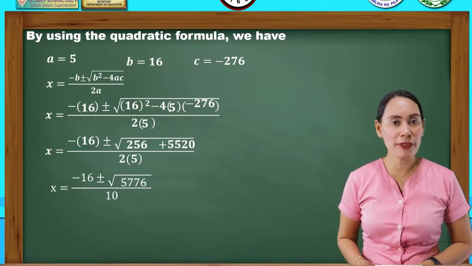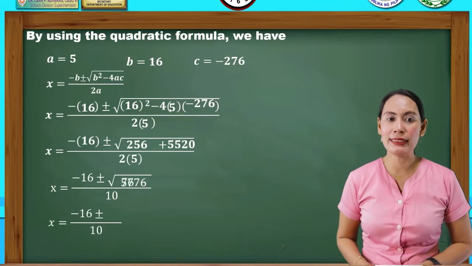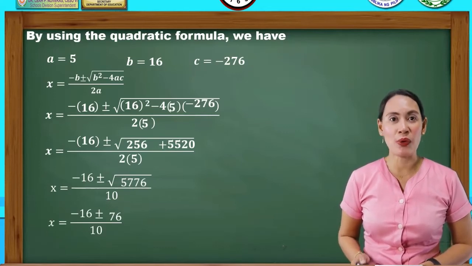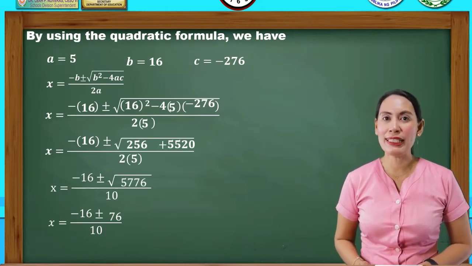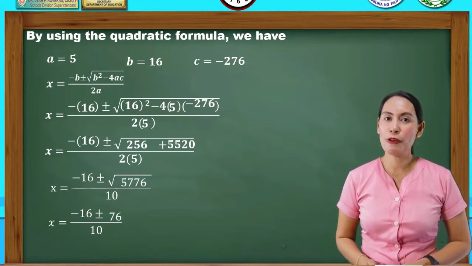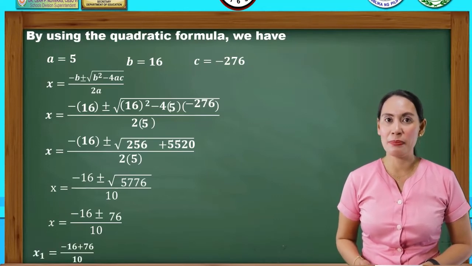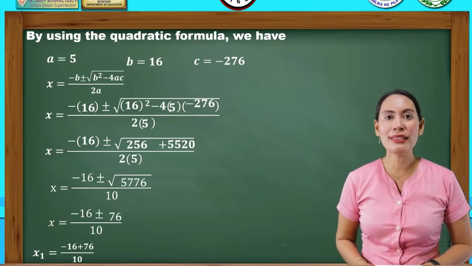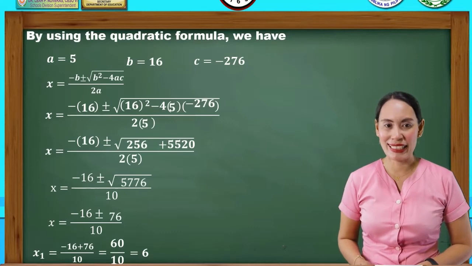Now, since 5,776 is a perfect square, the square root of 5,776 is 76. So the equation is now x equals negative 16 plus or minus 76 all over 10. So the first solution, x sub 1, equals negative 16 plus 76 over 10, which equals 60 divided by 10 equals 6.